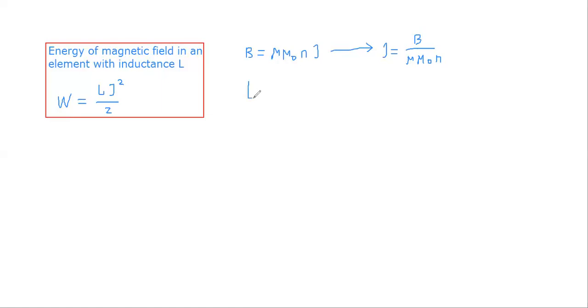Inductance of a perfect solenoid is equal to mu 0 n squared multiplied by volume, where V is volume inside the solenoid. Okay, and let's use these formulas.